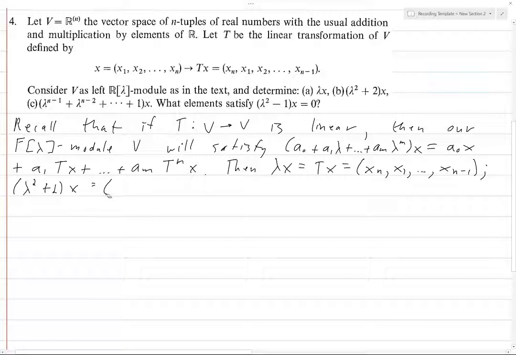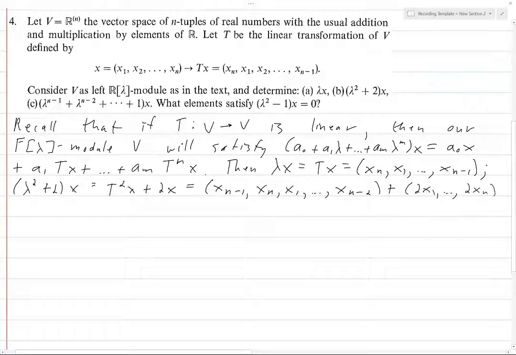I'll just write out T squared x plus 2, and then this is just going to become 2x. And so for T squared x, we're going to apply T twice. So instead of starting with xn, we're going to start with xn minus 1, then go to xn, then 1, 2, all the way up through xn minus 2. This is plus 2x1 through 2xn.